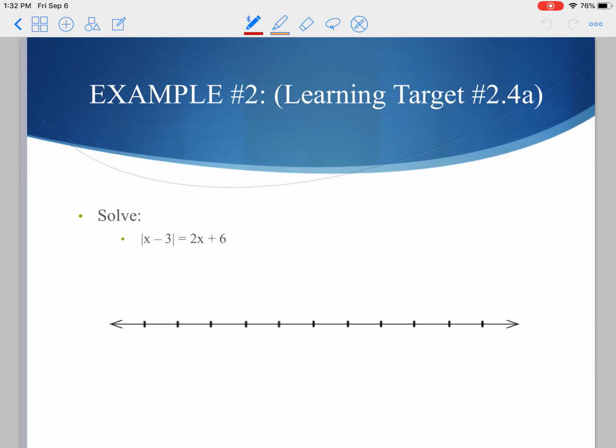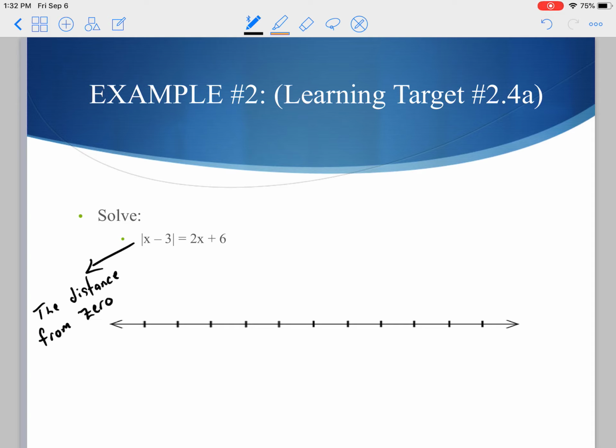Example number 2, highlighting learning target number 2.4a. Once again, we have an equation with an absolute value grouping, and what we must realize is that we consider these absolute value grouping symbols as the distance from 0.